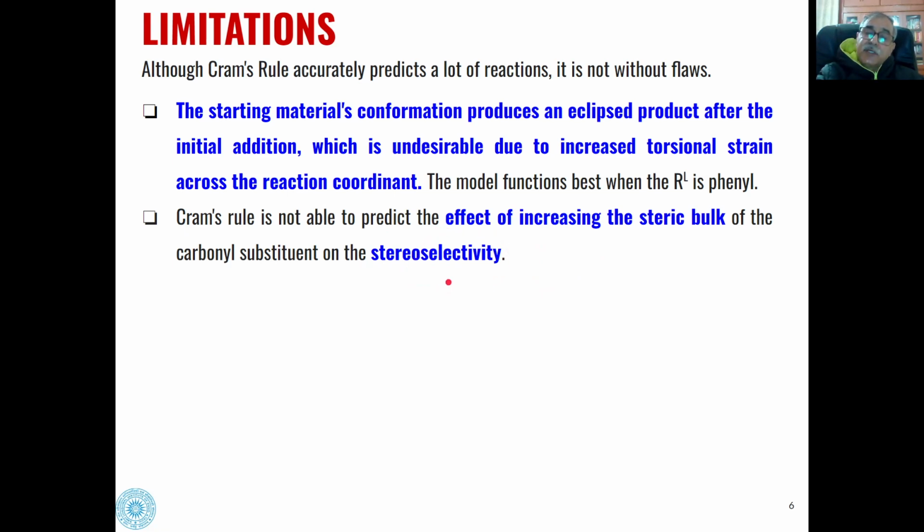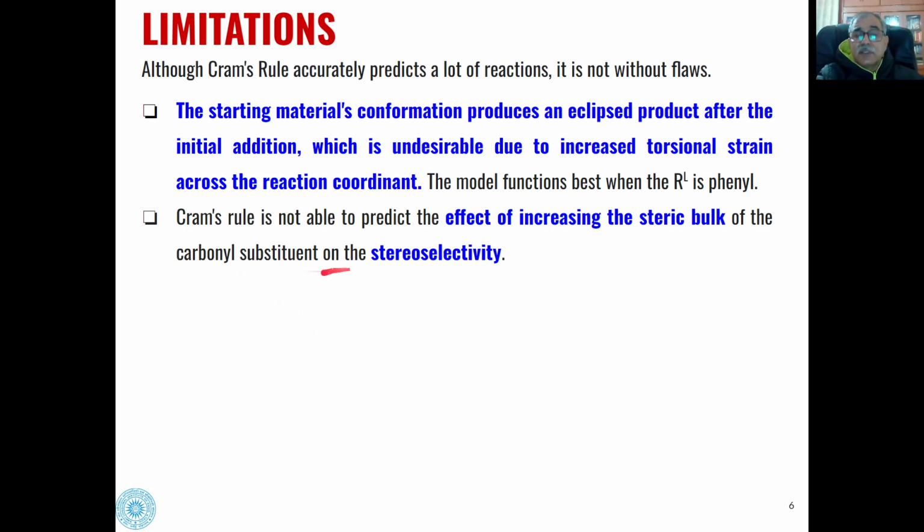That is, if we increase the steric bulk of the carbonyl substituent, which in case of aldehyde is hydrogen, and in case of ketones, among the alkyl groups, it may be methyl, ethyl, isopropyl, tertiary-butyl.